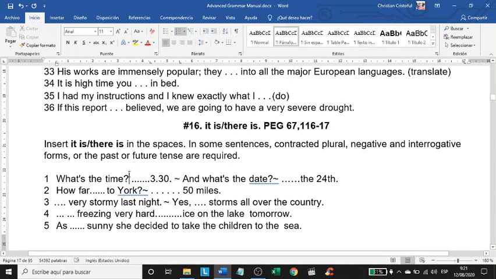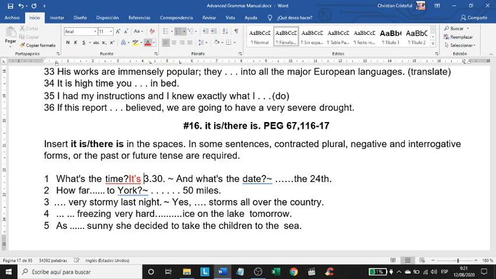What? I need to use it is or there is. There are two options. Okay, so the first option. What's the time? Should I use there is or it is? I need to use it is. It's 3:30. And what is the date? It is the 24th.